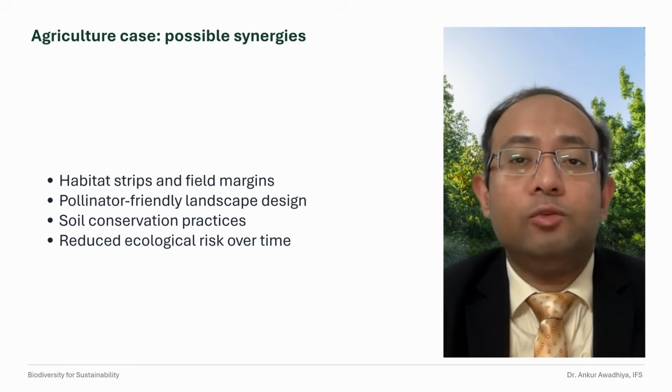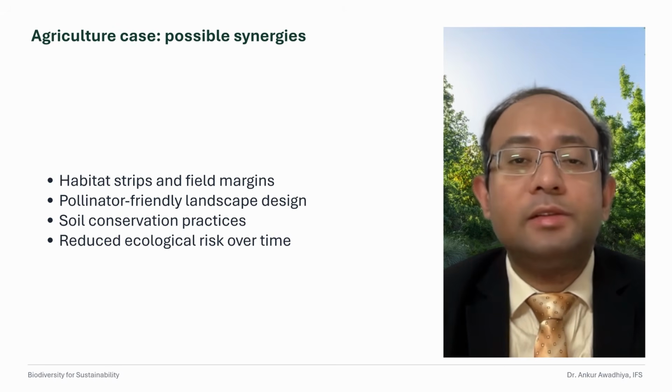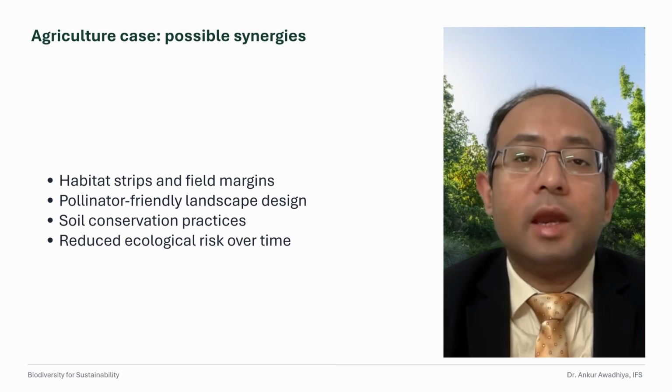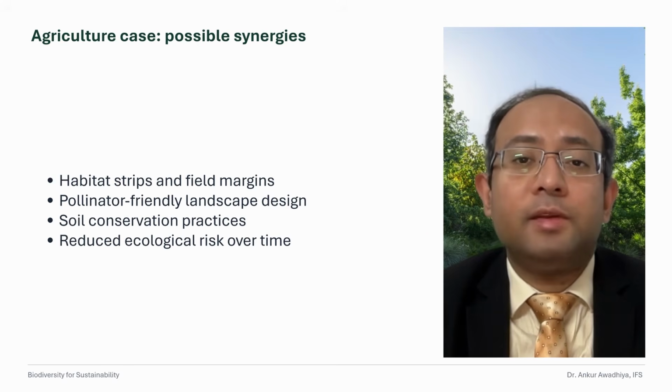Having identified those risks, we should also recognize that sustainability in agriculture is not only about restriction. There are real synergies available. Habitat strips and field margins can support the beneficial insects and pollinators that intensive zones have lost, so we can compensate for them. Reduced pesticide application, guided by ecological understanding, can protect the pollinator networks that nearby farms and orchards depend on.